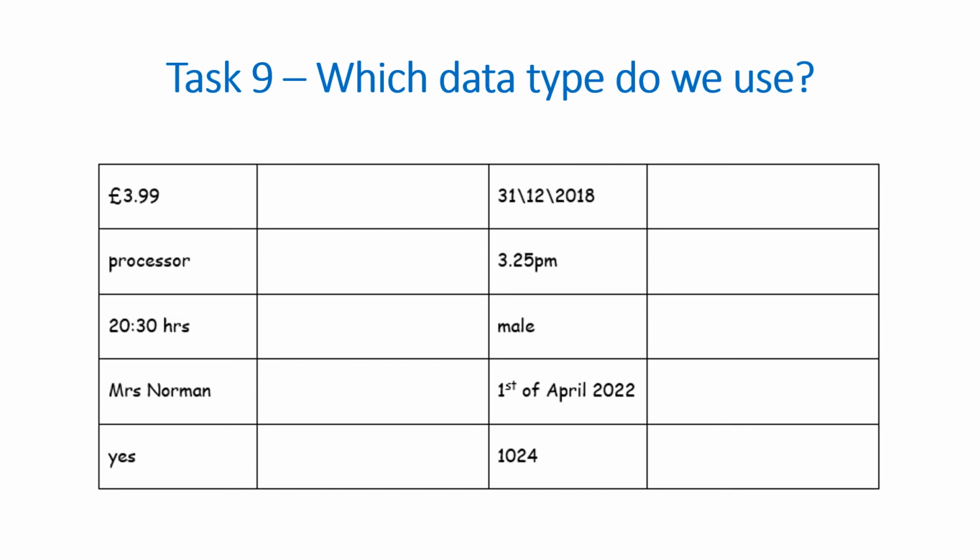There's £3.99, and I want you to go through the 5 data types and see which one you think matches. You'll then just write that in the box provided to the right hand side, and you've got that to do 10 times for task 9. Okay, some are a little bit more complex than others, but do your best for that. Again, pause this video until you finish task 9 and then we can move on.